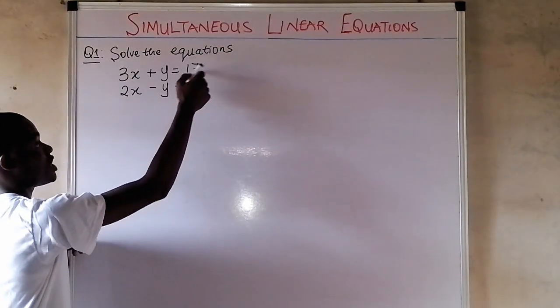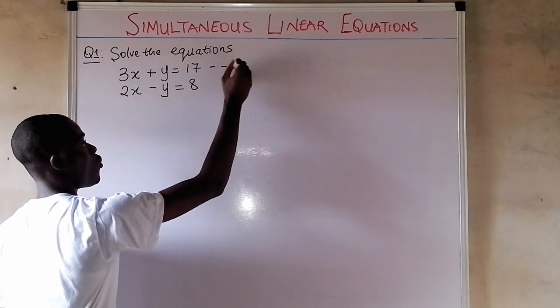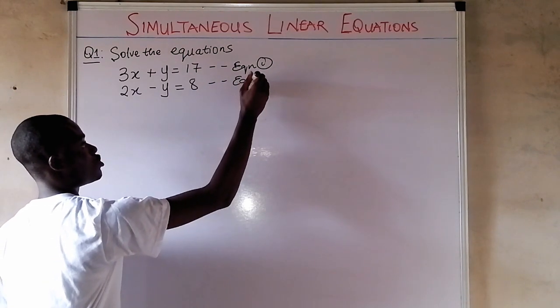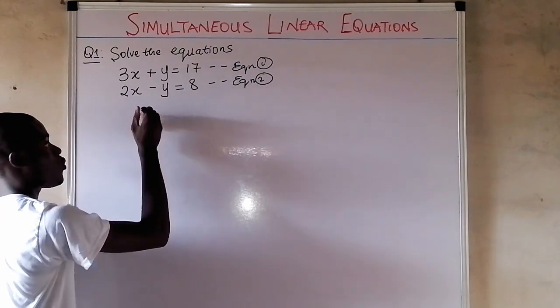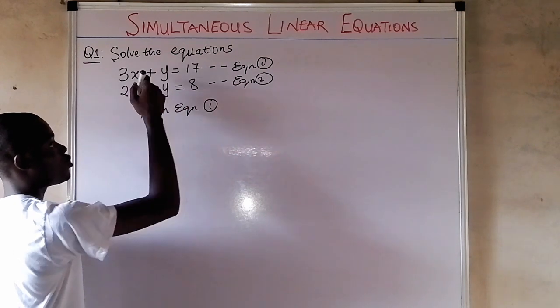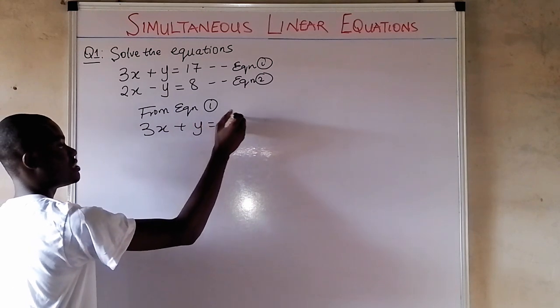So we have 3x plus y is equal to 17, and 2x minus y is equal to 8. So we'll make this one our equation 1, and this will be our equation 2. So from equation 1, I'm going to write 3x plus y is equal to 17.